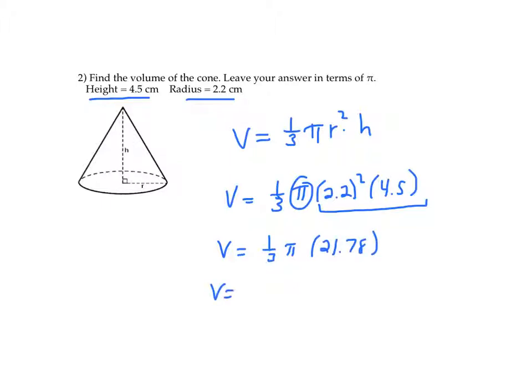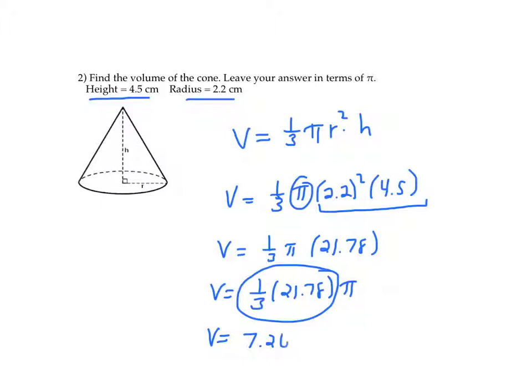So we can switch up the order. We can do 1/3 times 21.78 times pi. Again, don't type the pi key or 3.14 in your calculator. Just do 1/3 times 21.78. So we would end up with 7.26 times pi. And because it's volume, it needs to be in centimeters cubed.